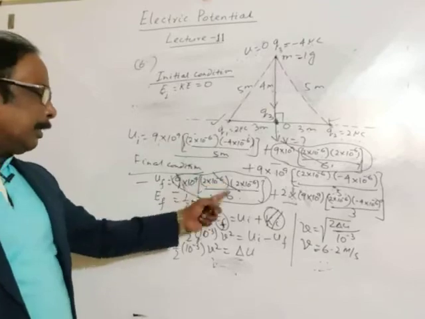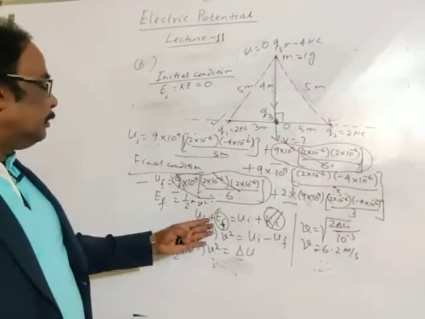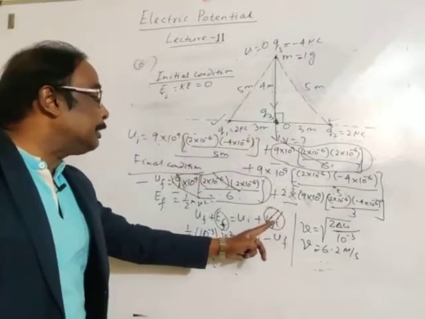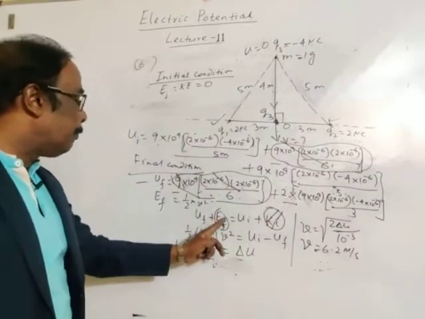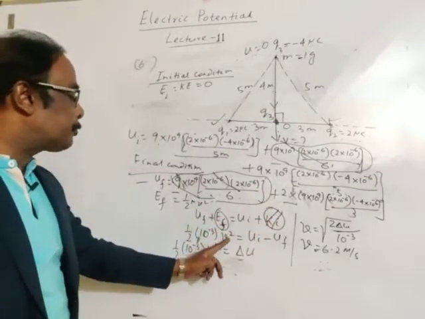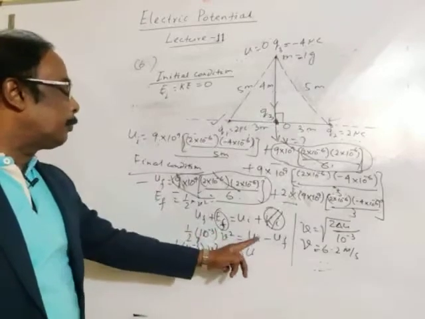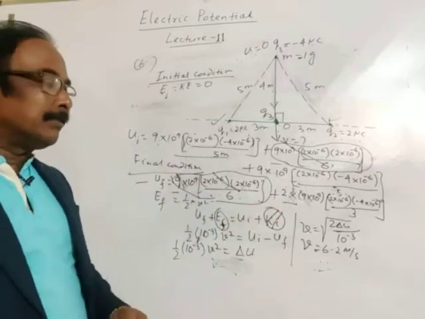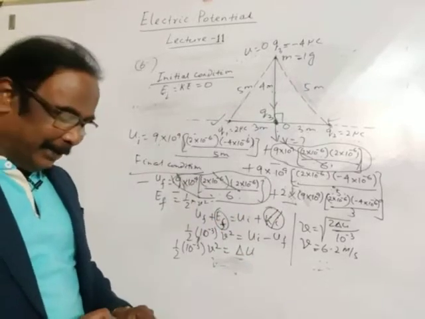Just apply work energy principle and simply use this principle, you will get your answer. Initial kinetic energy is 0, final kinetic energy is half mv square, and half mv square is equal to U initial minus U final as per law of conservation of energy, okay.